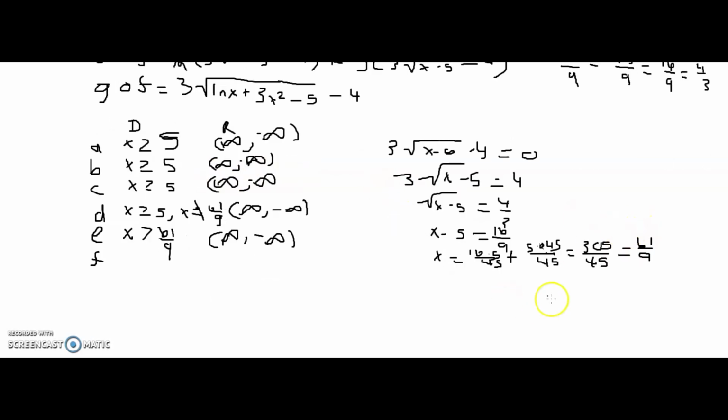So we have to set that equal to 0. So we have natural log of x plus 3x squared minus 5 is equal to 0. So I get natural log of x plus 3x squared is equal to 5.